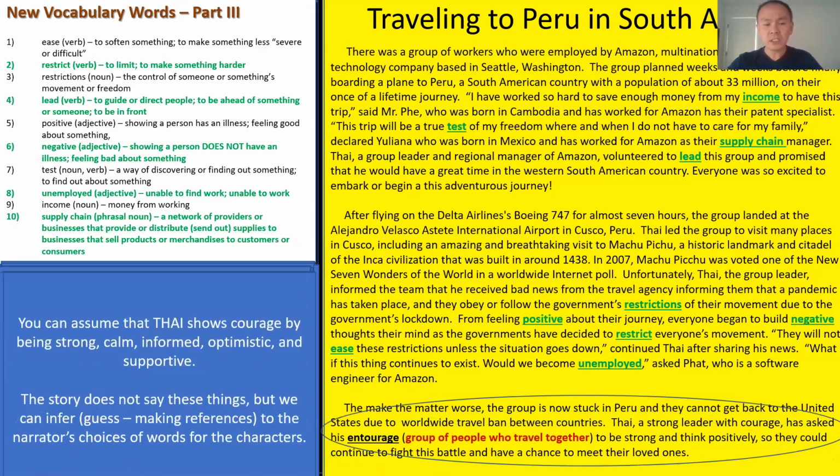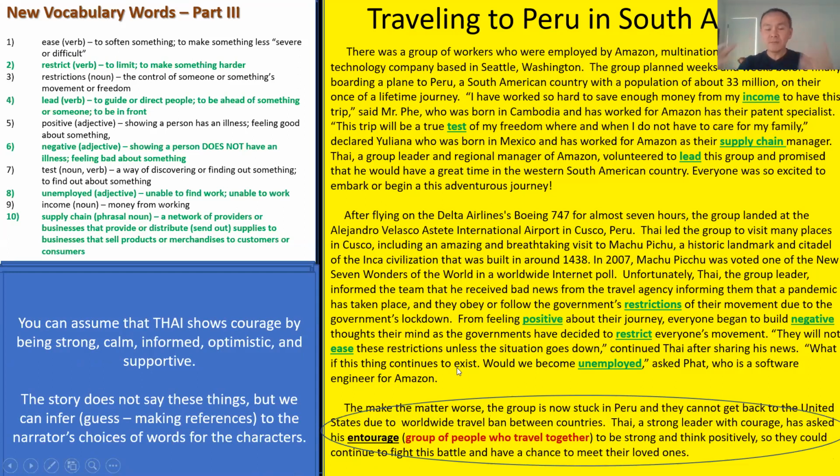So you can assume that Thai shows courage by being strong, being calm, being informed. Well, because he is informed, he was able to tell the group in the second paragraph here that the news agency told him something and he informed the team back.